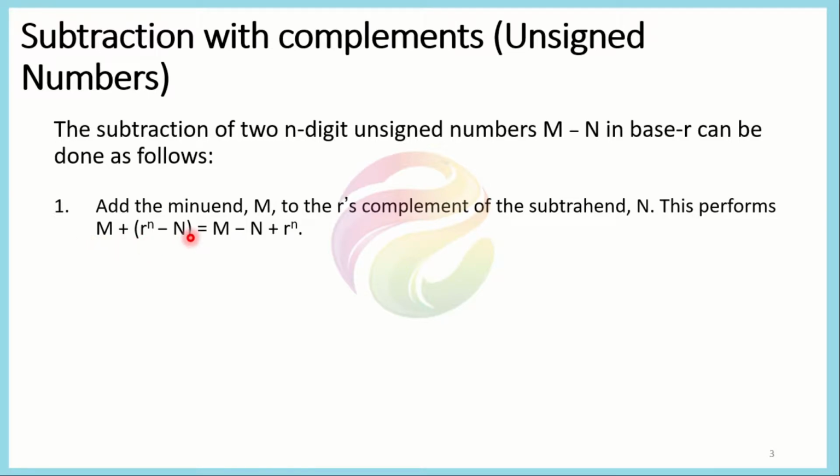If you remember, r to the n minus n is the r's complement or radix complement of the number. If we just take the complement of that number and add it to the other number, it will give us the same result as the subtraction process. In this way, we get a very simplified process for doing subtraction.